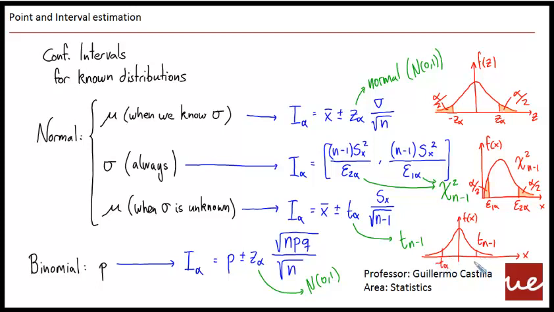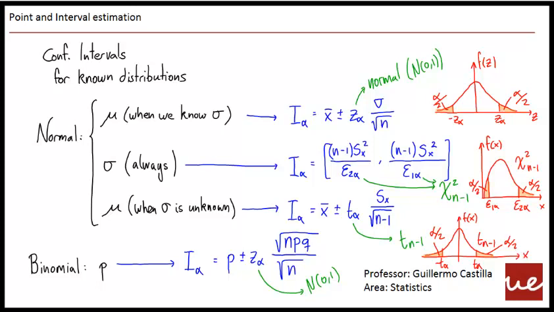The reason that Z sub alpha and T sub alpha only have one value, whilst epsilon has epsilon 1 and epsilon 2, is that the normal and the T of Student distributions are symmetrical regarding the 0, whilst the chi-square isn't symmetrical, and so we actually have to calculate each variable separately.